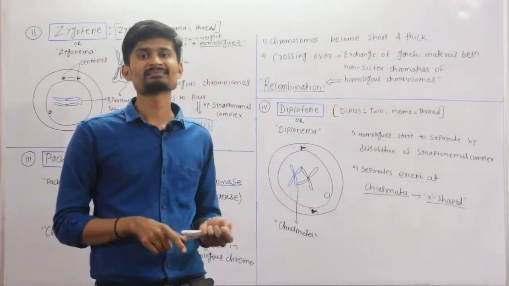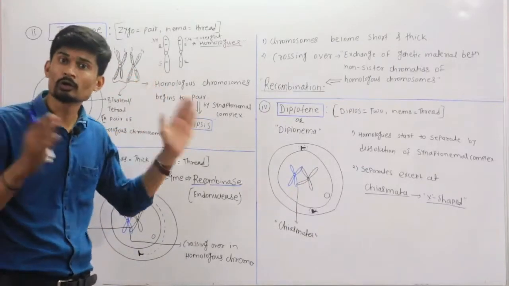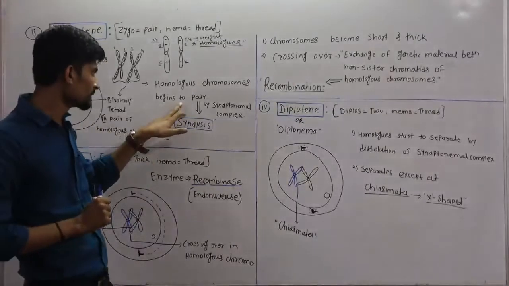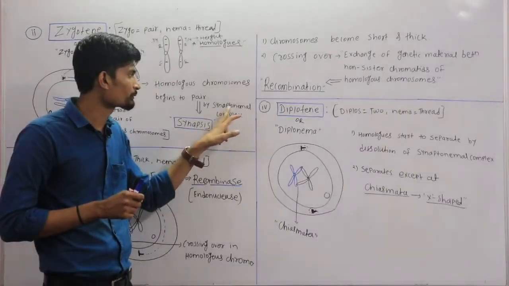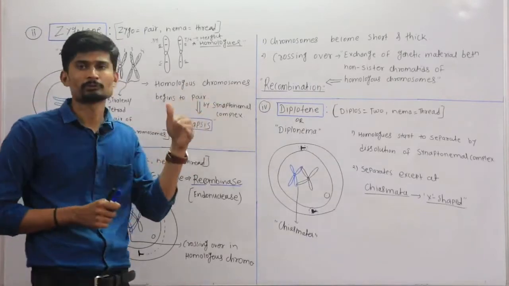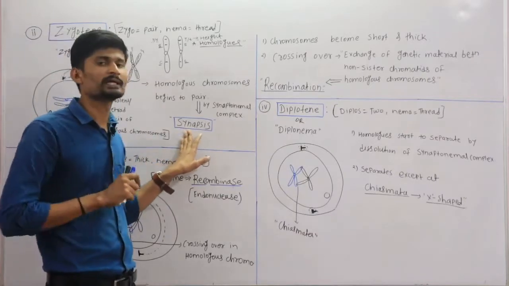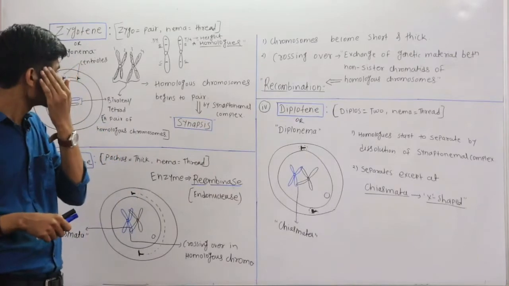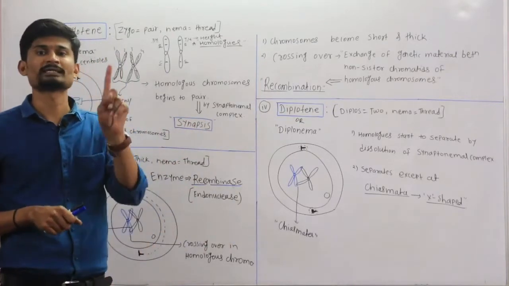So pairing begins between the homologous chromosomes, which have the same type of genes, and this pairing is done by the synaptonemal complex. The synaptonemal complex forms the pairing, and such a pairing of homologous chromosomes is called synapsis.